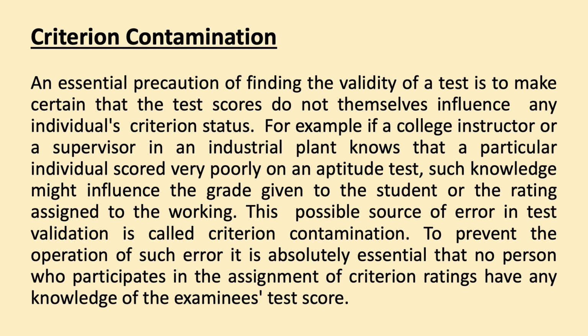For example, if a college instructor or a supervisor in an industrial plant knows that a particular individual scored very poorly on an aptitude test, such knowledge might influence the grade given to the student or the rating assigned to the worker. This possible source of error in test validation is called criterion contamination. To prevent such error, it is absolutely essential that no person who participates in the assignment of criterion ratings have any knowledge of the examinee's test scores.